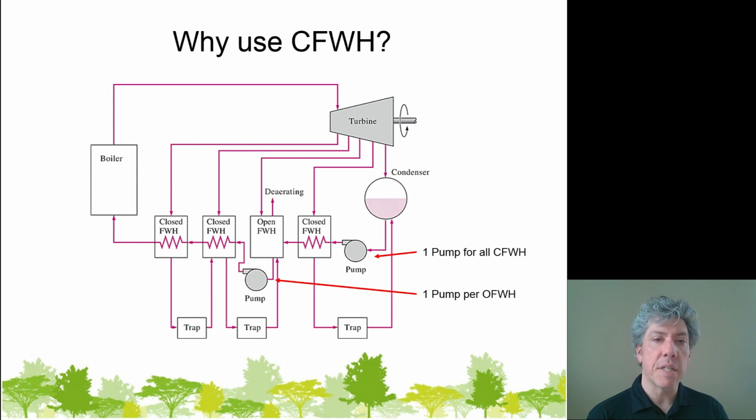All you really need is a steam trap in order to make sure that there's only liquid leaving each of the closed feedwater heater heat exchangers. In other words, making sure that the bleed steam gives up as much energy as possible. And so yes, it's more complicated. Yes, it requires more complicated controls, but there's a good opportunity for higher and increased efficiency over just a simple Rankine cycle.